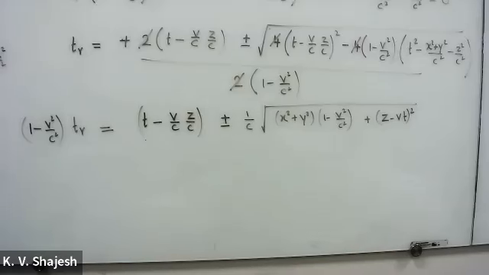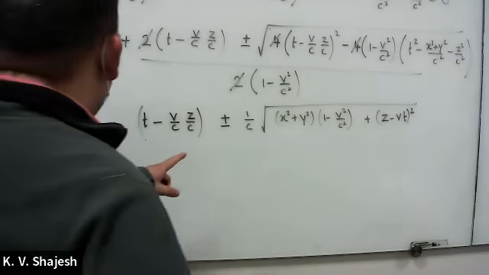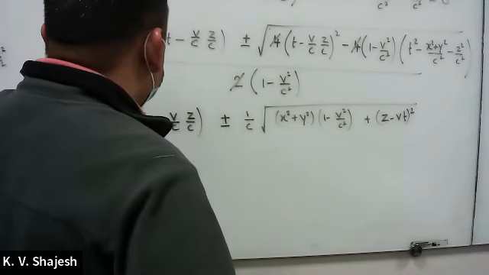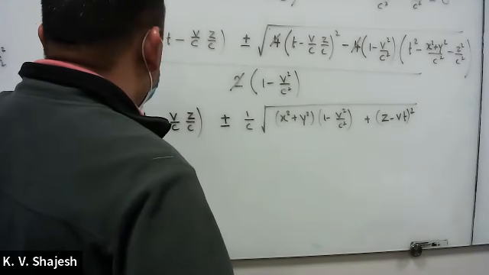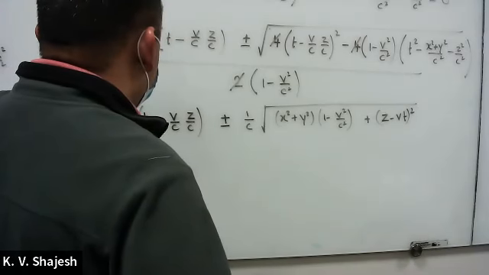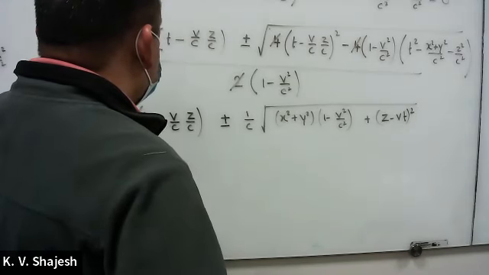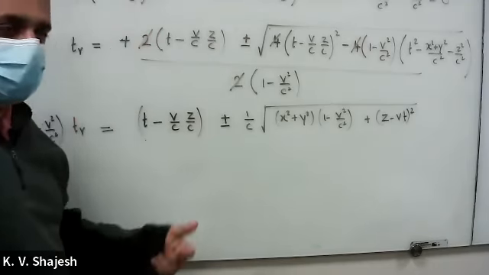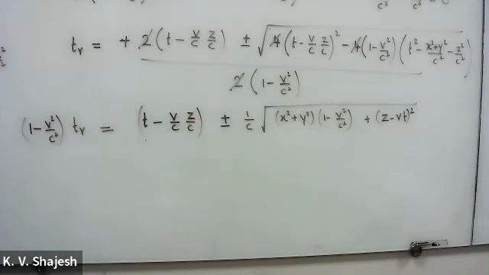But before that, maybe we should argue that one of them is causal. So how can we see that? At time t equal to 0, let's see what the retarded time is.